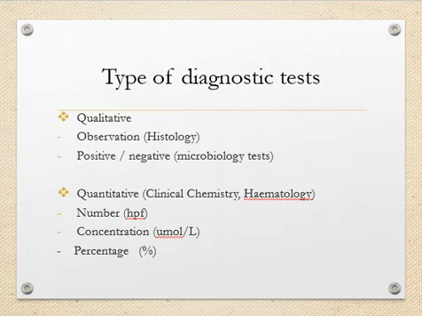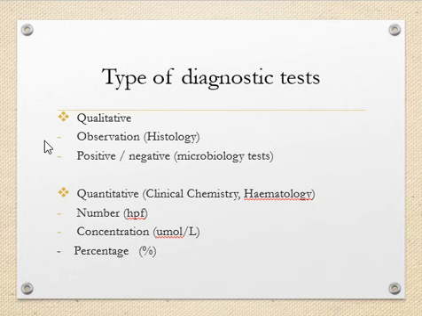Okay, so let's go to diagnostic tests. There are plenty of diagnostic tests nowadays. Some of them are qualitative. The results come out after observation, such as in histology, where the specimen is stained and examined under a microscope.